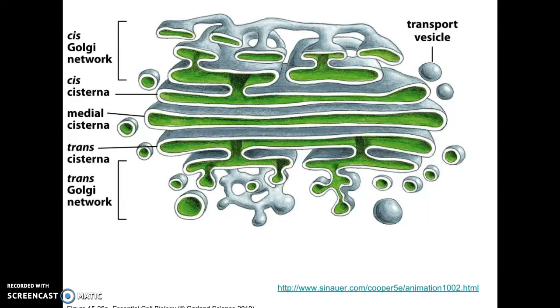We'll cut off some sugars, add some sugars. This process repeats until they have the correct sugar for wherever they're supposed to go. And that's all encoded in their own signal sequence. So if they have a retention in the ER signal sequence, then they will get the sugar that says retention to the ER. So they are tagged with sugars.